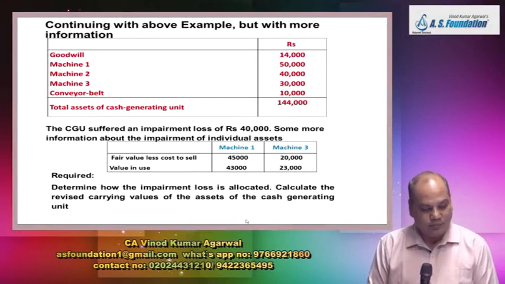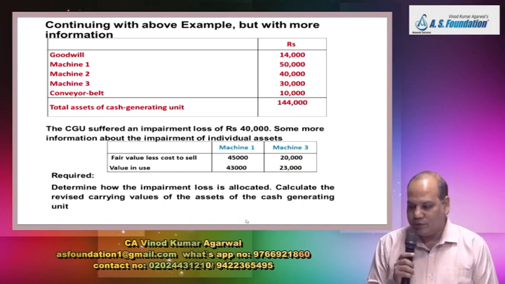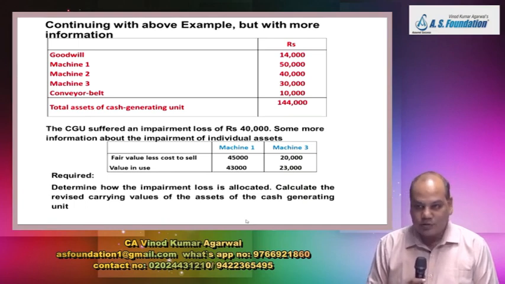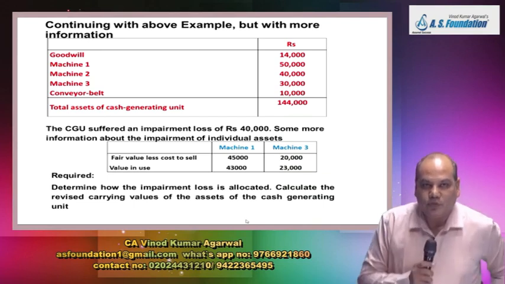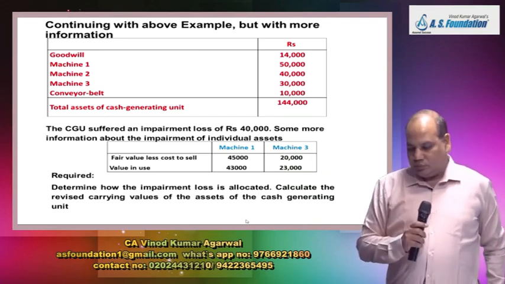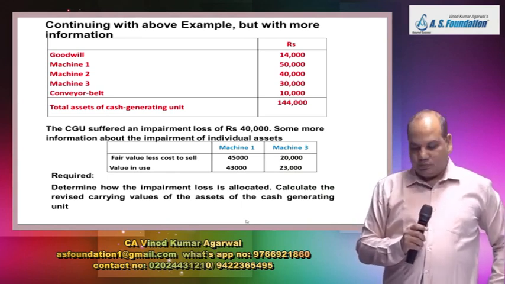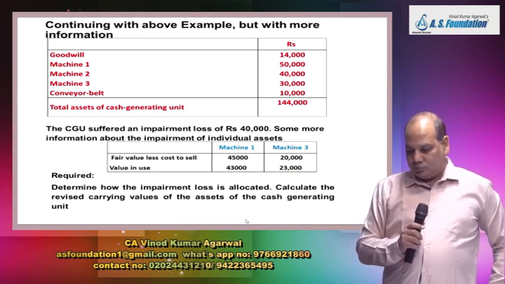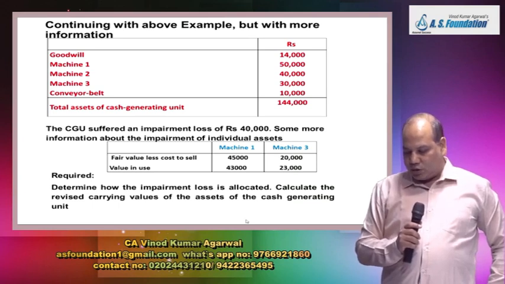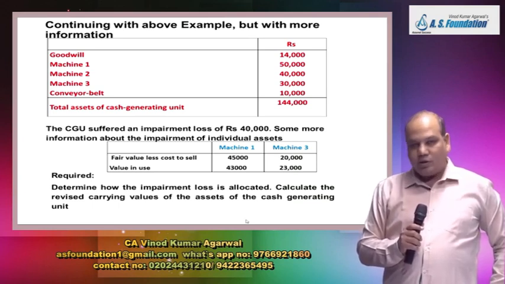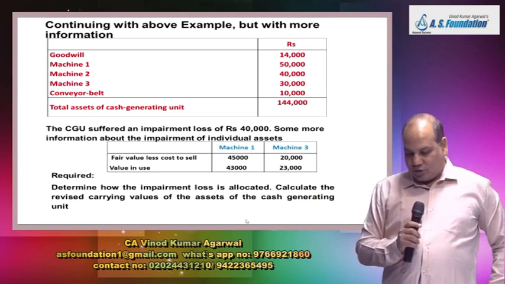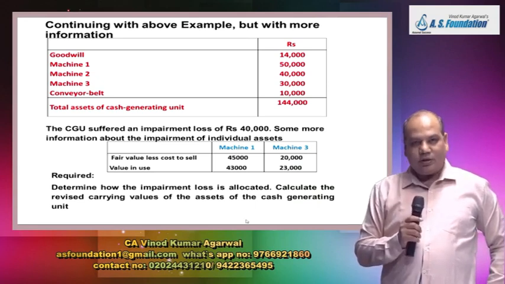Right, continuing with the above example but with one more piece of information. Write in that first table, right hand side, rupees: goodwill 14,000, machine 1 50,000, machine 2 40,000, machine 3 30,000, conveyor belt 10,000.